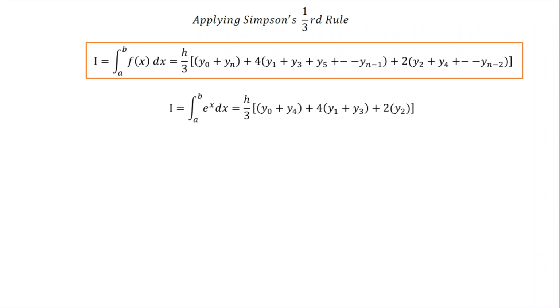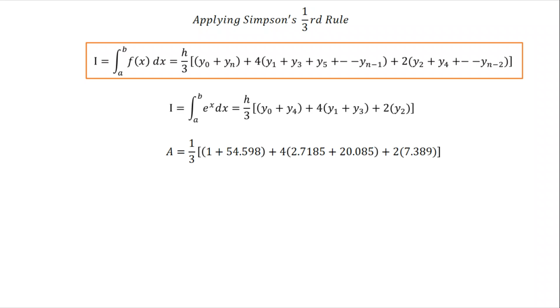Here yn in this numerical is y4, so y0 plus y4 plus 4 into odd terms. The odd terms are here y1 and y3: y1 plus y3, plus 2 into even terms. There is a 2 into y2. So this is the formula for this particular numerical.